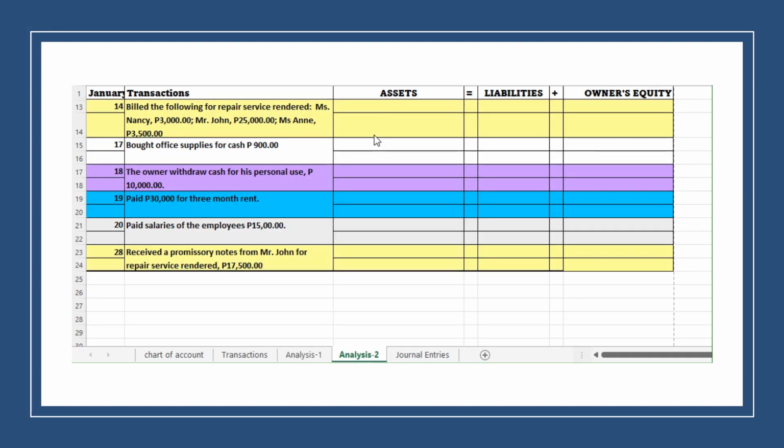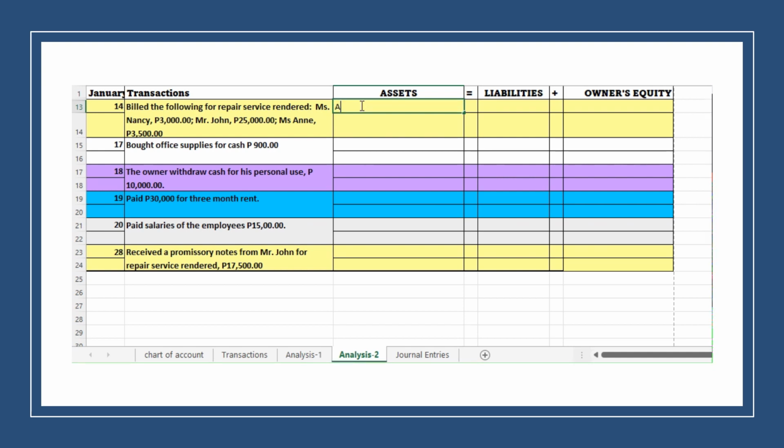To continue, let us analyze transaction on January 14. Billed the following for repair service rendered. Miss Nancy, 3,000 pesos. Mr. John, 25,000 pesos. And Miss Ann, 3,500. The account affected here is accounts receivable.